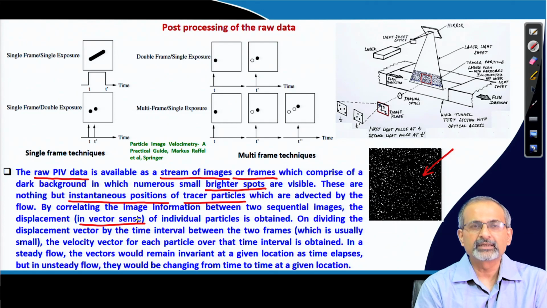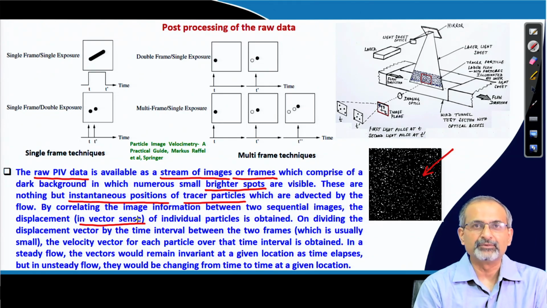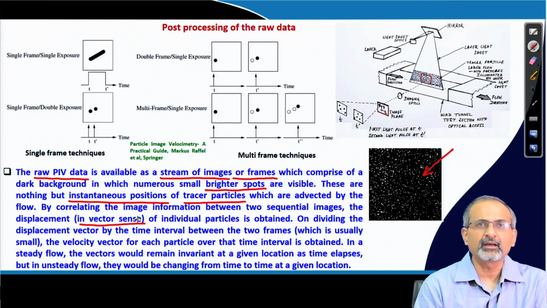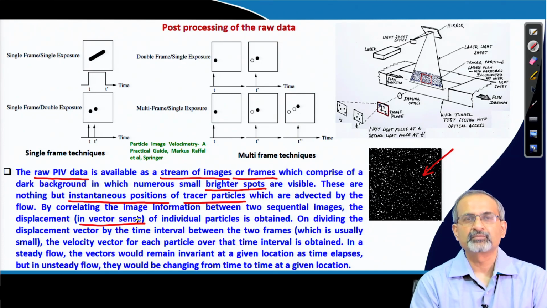In practical applications, when we say steady flow, we do not really mean to say that the steadiness is going to be there up to the microscopic levels anyway. The steadiness is broadly in the macroscopic sense. So, there could be local small changes even in a broadly steady flow. So, there could be minor variations in the velocity vector at each location, but they are not as significant as in an unsteady situation. So, we need to understand this distinguishing factor.